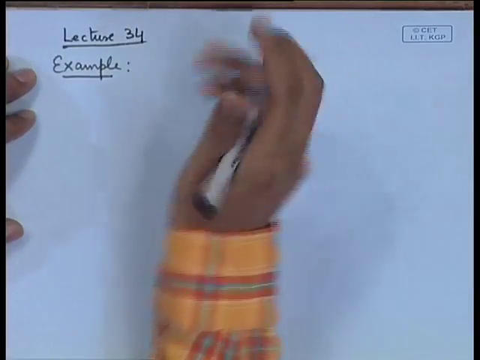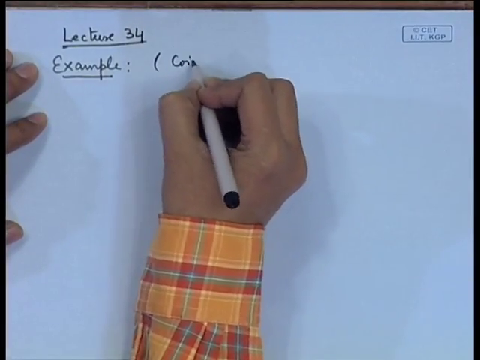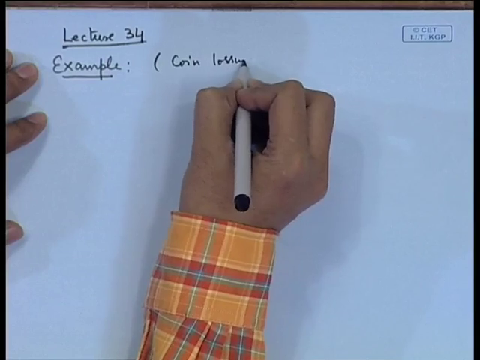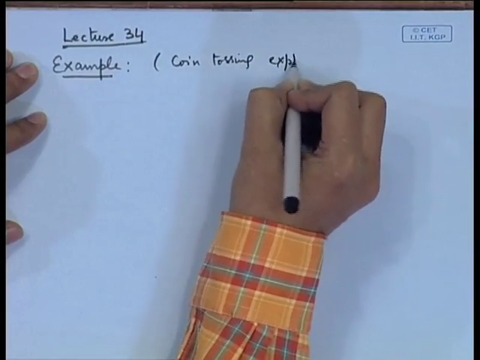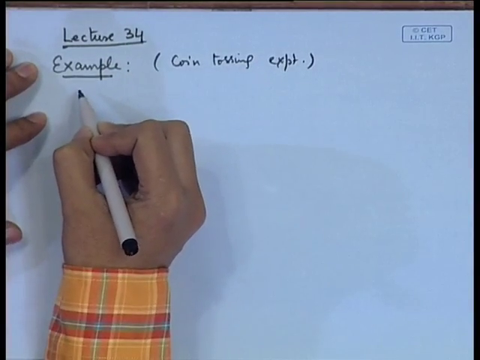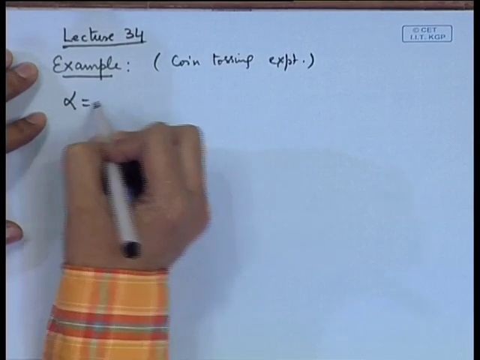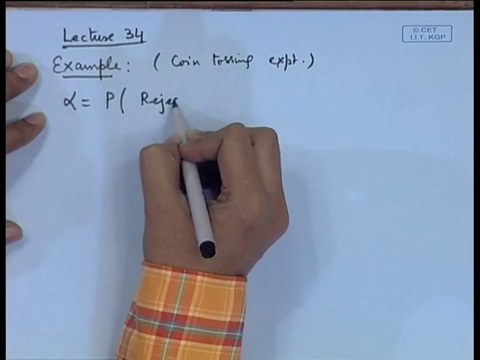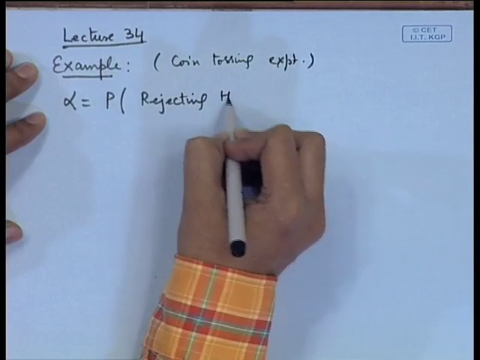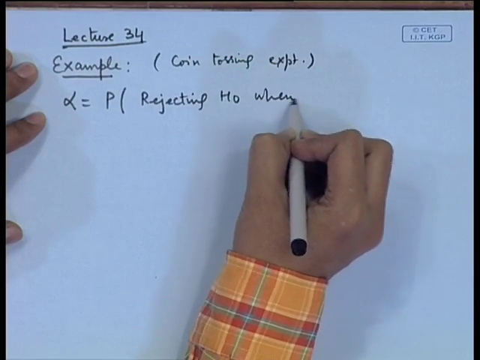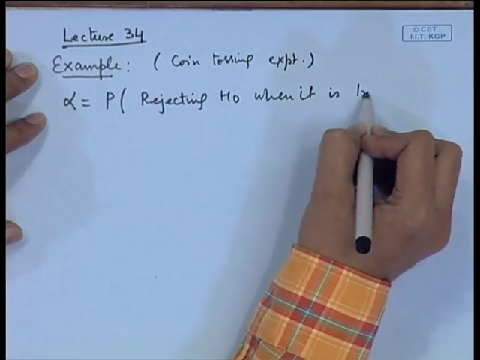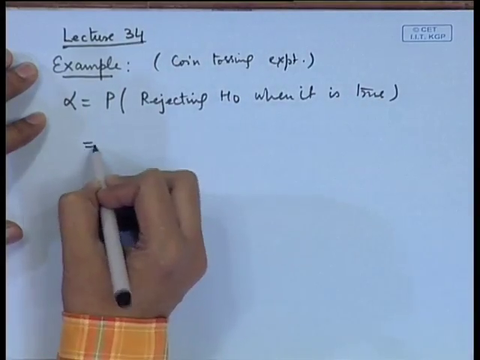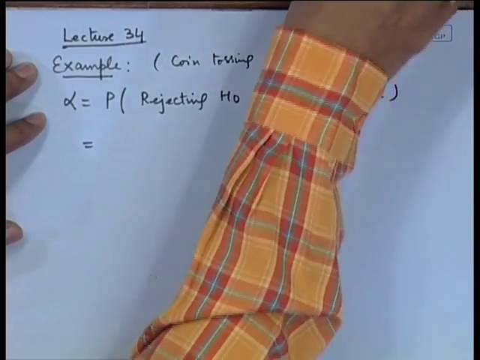So, coin tossing experiment. Here alpha, that is the probability of type 1 error, is rejecting H naught when it is true. So, we can restrict attention to the random variable x, that is the number of heads.